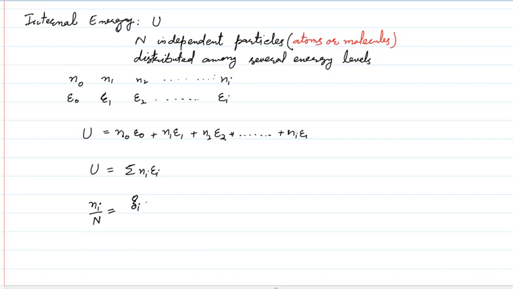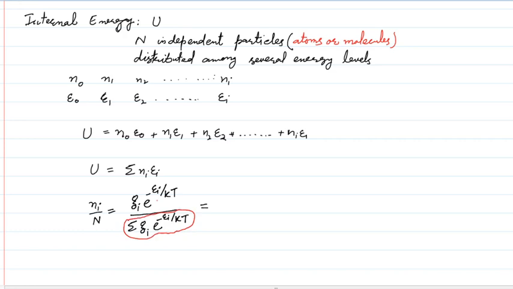Here Ei is the energy of the ith particle, k is the Boltzmann constant, and T is temperature, divided by summation of Gi into e raised power minus Ei upon kT. We know the denominator term is basically equal to the partition function.